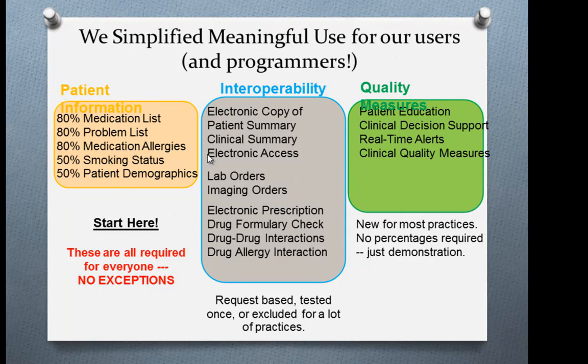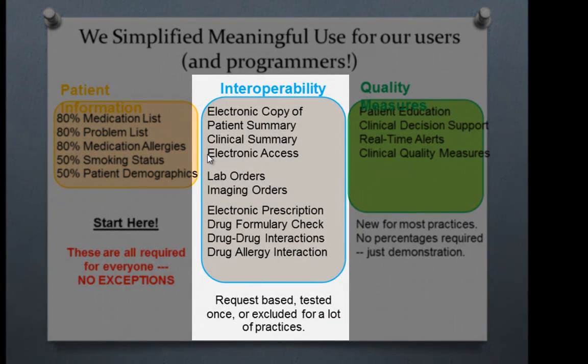The interoperability means how your software interacts with all the other software out there for healthcare. So if you have a fully certified system, you're able to give patients an electronic copy of their information. You're able to give them online access within 4 business days to their information.